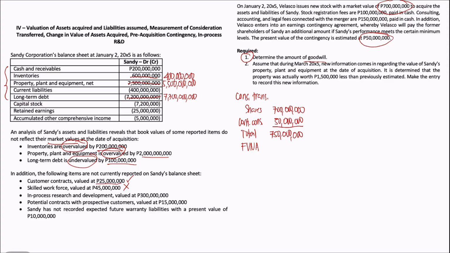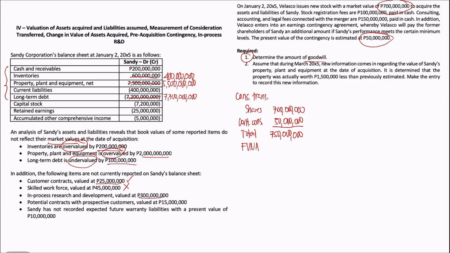We also have in-process research and development valued at $300 million. Under normal accounting, research costs are expensed outright, while development costs are capitalized only when technical feasibility has been established. Generally, under normal accounting, in-process R&D does not qualify for asset recognition. However, under accounting for business combinations, we can already recognize in-process R&D as asset.